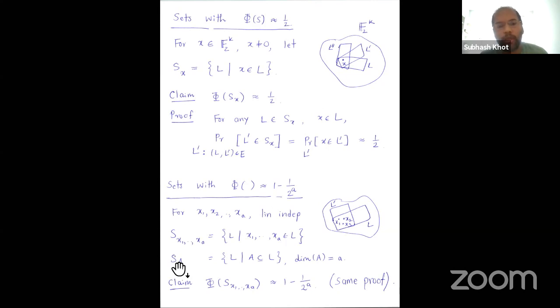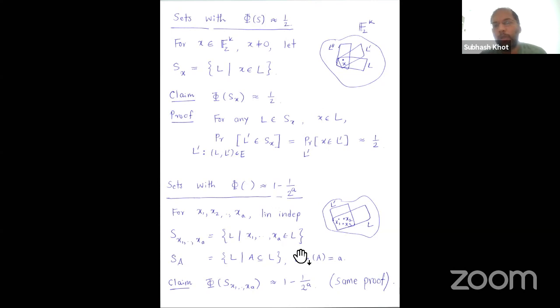I would also denote it by S sub capital A, if capital A denotes the linear span of the points x1, x2, up to x little a. So if I take a subspace capital A of dimension little a, the set S sub A is the same: all subspaces L which contain capital A.